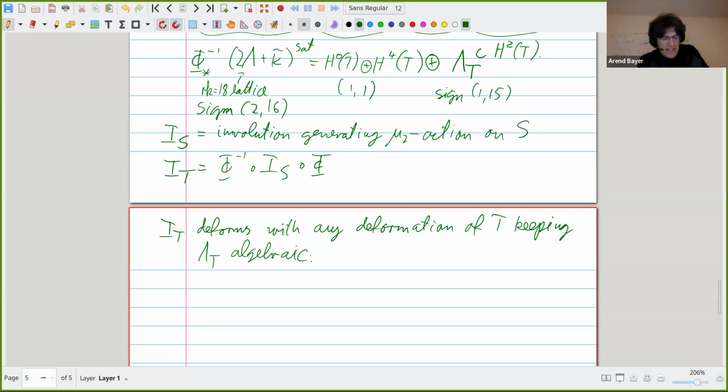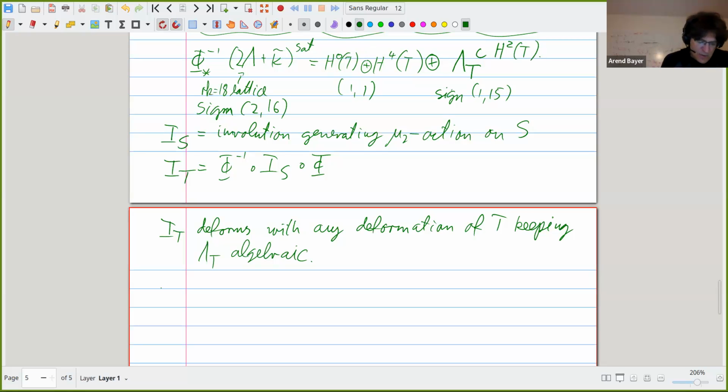So why is that? Of course, the preimage of K twiddle is contained in H0 of T plus H4 of T plus lambda T. But H0 of T and H4 of T automatically remain algebraic for deformations of T. And so if I also keep lambda T algebraic, then I keep the preimage of K twiddle algebraic.